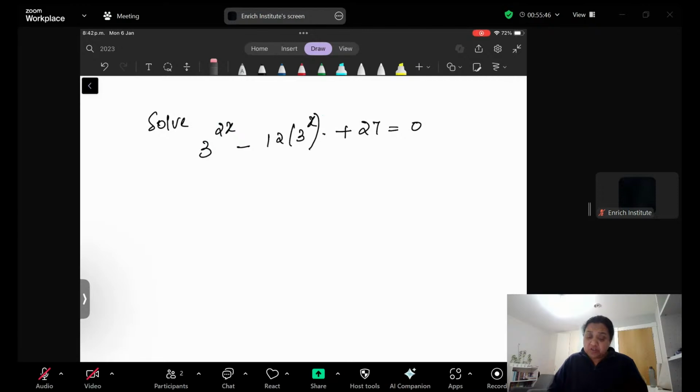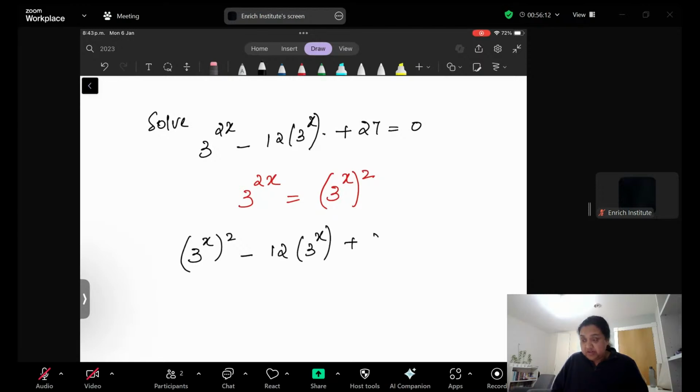knowledge comes into the picture, because 3 to the power of 2x can be written as 3 to the power of x, all to the power of 2. You have to remember this. That is why I've written it in red. Then this equation can be written as 3 to the power of x, to the power of 2, minus 12 times 3 to the power of x plus 27 is equal to 0.